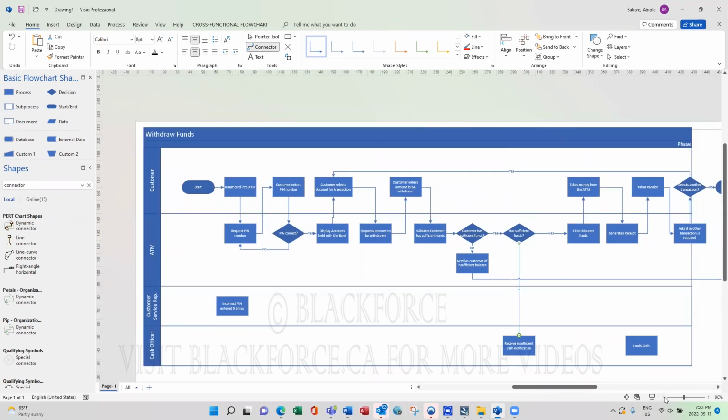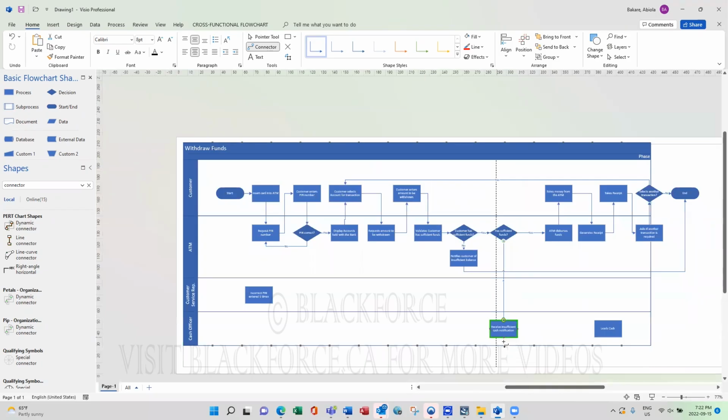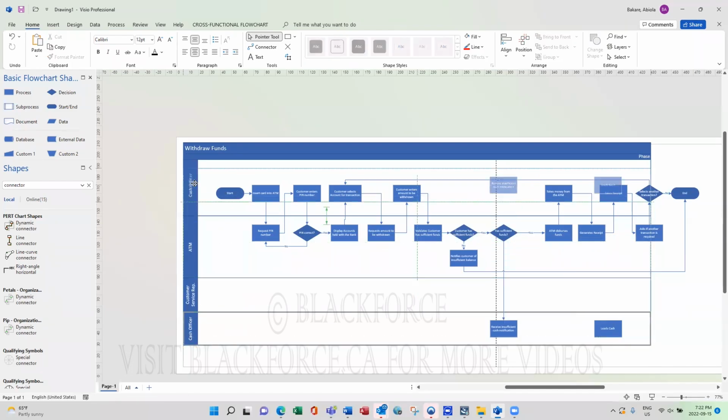You see the cash officer lane that I have down here. As I'm mapping it, I realize, late in the process, let me take my pointer too. Late in the process, I have this actor being active, and it's making my map look ugly. What do I do? I'll delete this for now. I move this actor up.